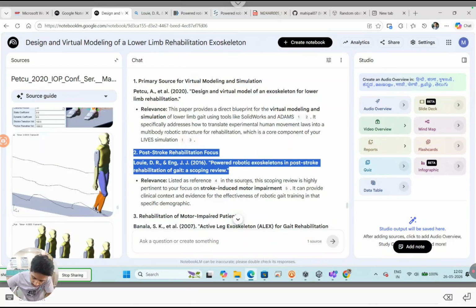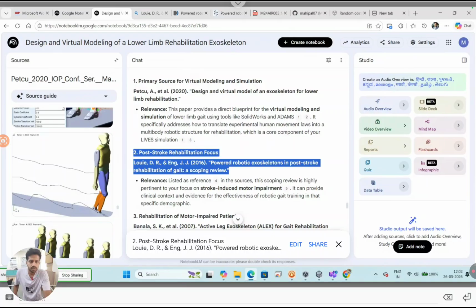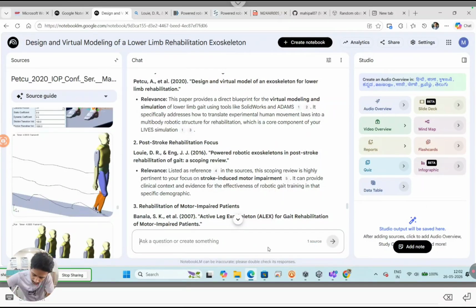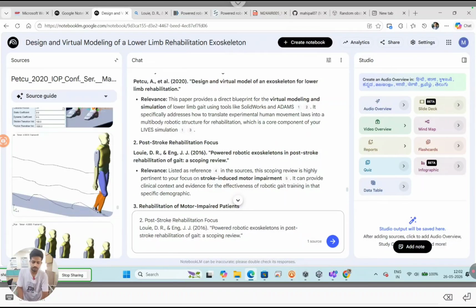Control C, click here, Control V. Summarize this paper and make relevant questions and answers. Okay, fine.